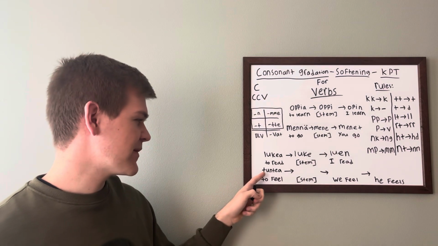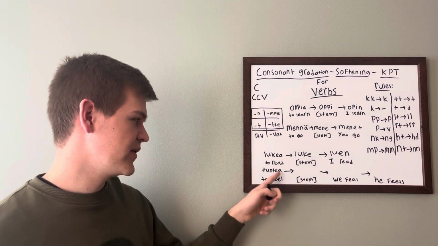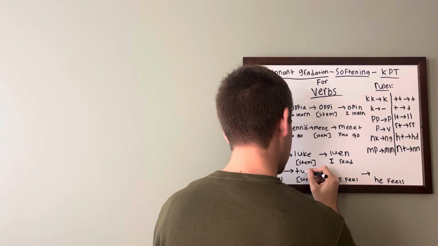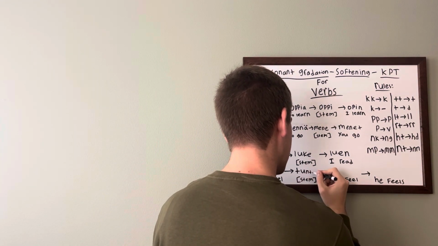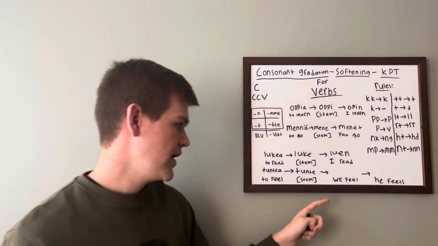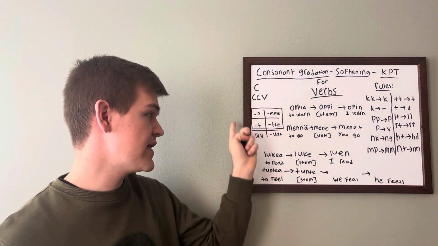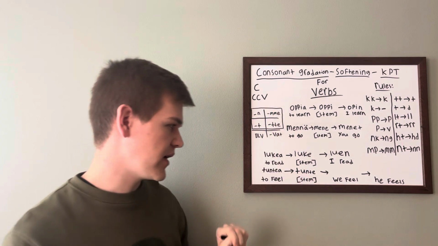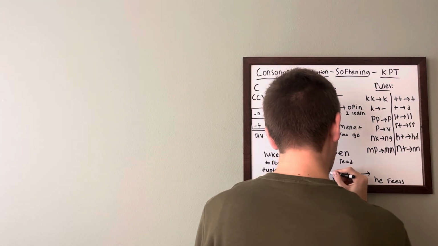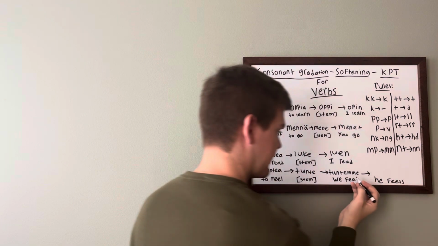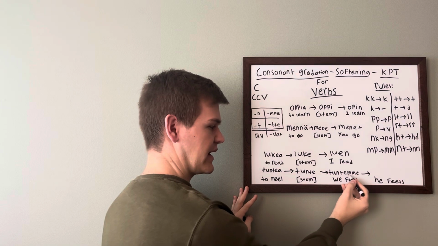Now for our last example, tuntea. Tuntea, once again, vowel A. So it's going to give us tunte as our stem. If we want to do we feel, it's mme, consonant becomes a vowel. It's in the box. So we are going to soften. We have something like that before we soften. That's our ending, so we're not going to look at that.